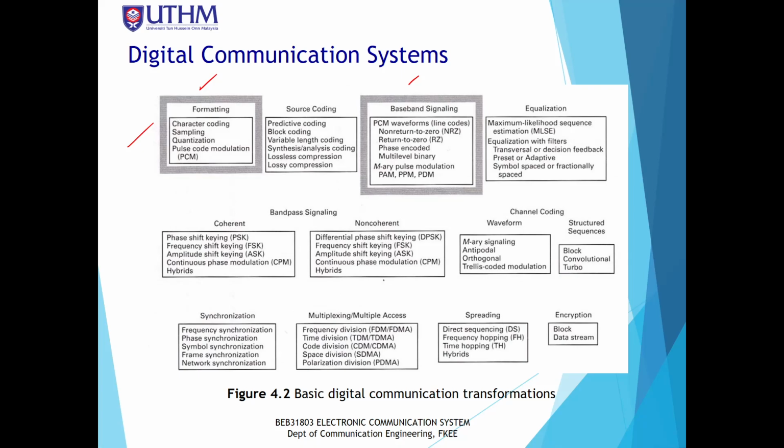Okay, instead we are using a baseband encoding in this process with the line coding. You will learn about this. Equalization is not in the syllabus. And then bandpass signaling, we will learn about this. Bandpass signaling has coherent and non-coherent types; what is coherent and what is non-coherent, you will learn about later.